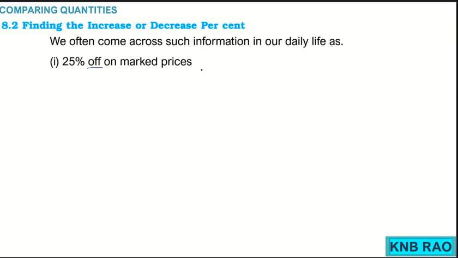So 25% off on market price due to Diwali festival or on the eve of 1st January New Year celebrations, like this sort of normal offers will be given, and this 25% off is a decrease in the market price.